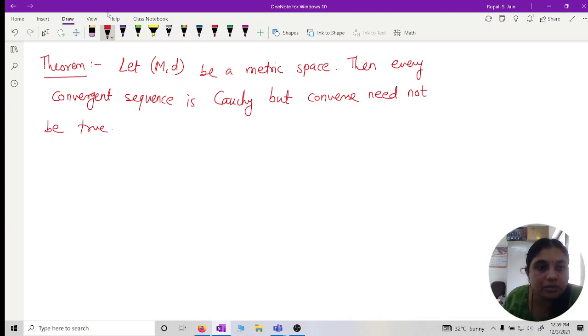Need not be true means every Cauchy sequence need not be convergent. In the real line, we already proved that every convergent sequence of real numbers is Cauchy and every Cauchy sequence of real numbers is convergent. Can you recall it?